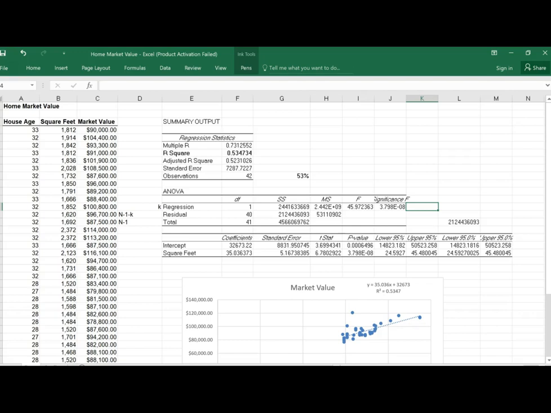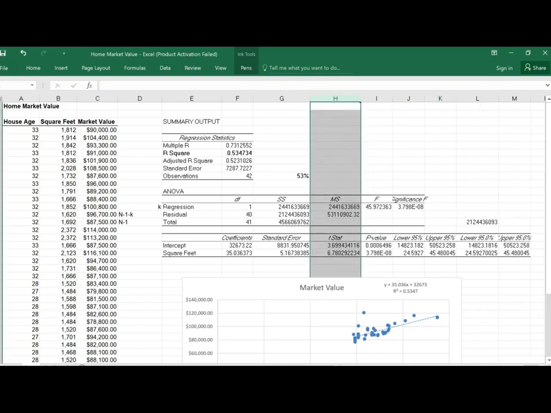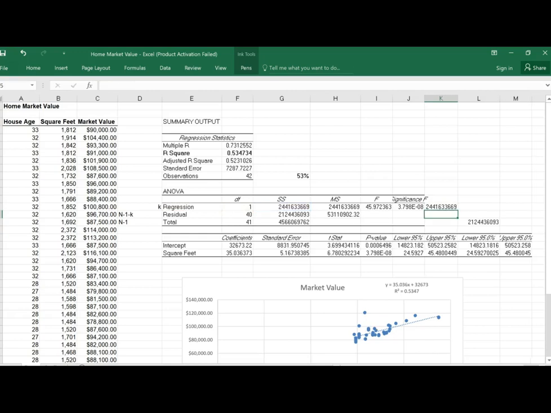How about the next column? MS is for mean squared. I'm going to make these columns just a little bit larger. This mean squared for the regression, if I take the regression sum of squares and divide it by the degrees of freedom, notice what I get.